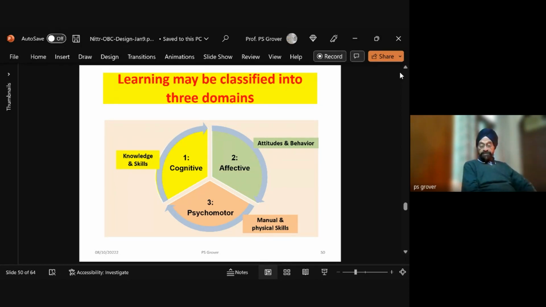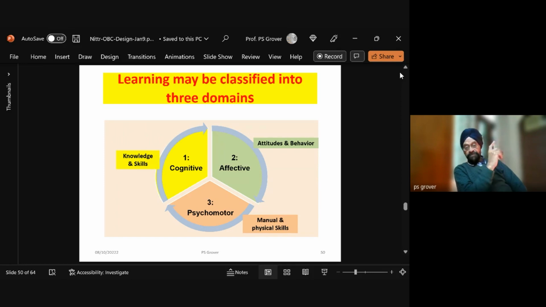Now, in outcome based education, the outcomes have four components: knowledge and skill, which are cognitive. Then we have attitude and behavior, that is affective. And we have psychomotor, physical skills.